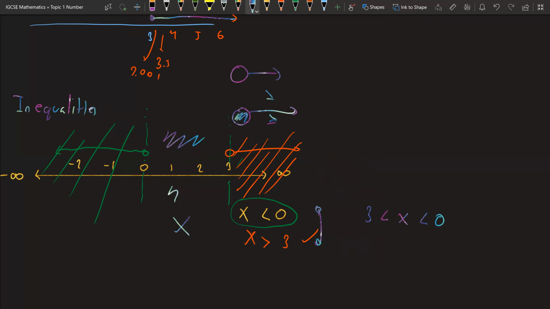So I could read it this way. x is more than 3 is the same as 3 is less than x. I put the x here in the middle. This can also be read as x is less than 0 here, but x is also more than 3. So I could put these two into just one statement. It's an easier way to write things down.